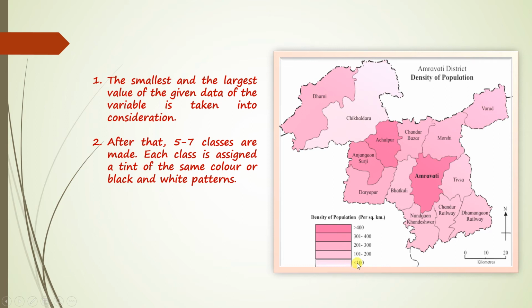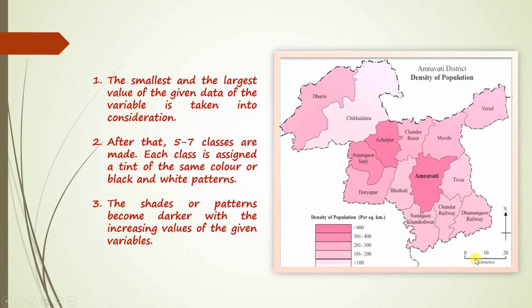So lowest one is less than 100 and highest one is more than 400, and to each class a shade or tint is given. So these shades or patterns become darker with the increasing value of a given variable.